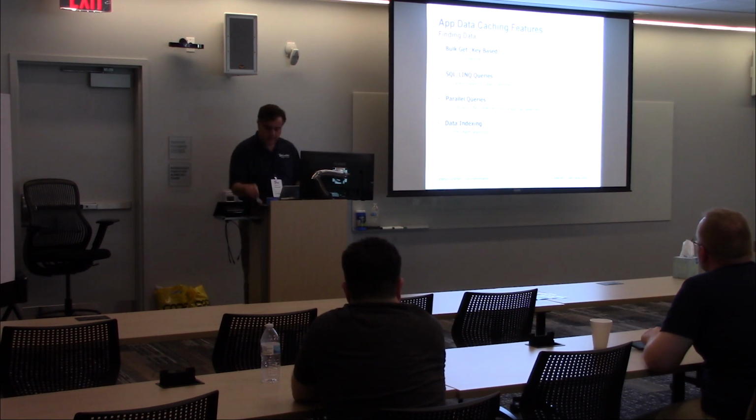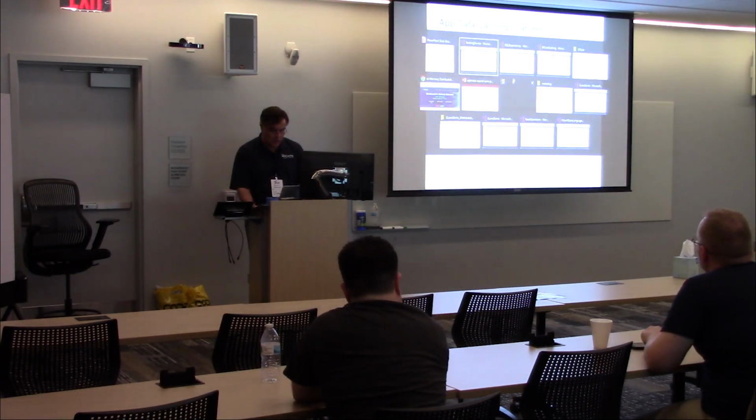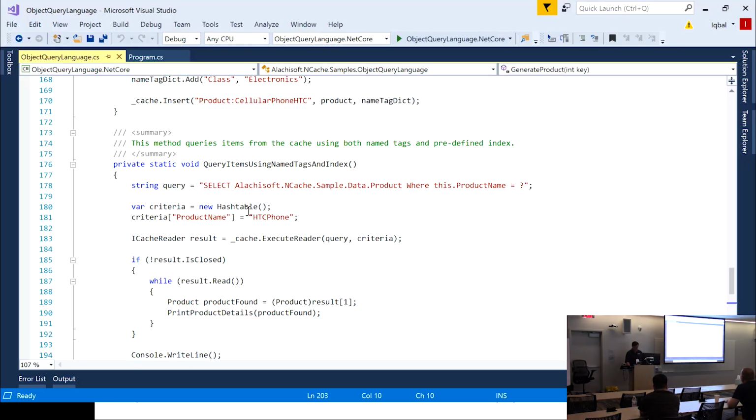Let me show you that. So again, the cache starts to look more and more like a database. So for example, you can say here, select all the products with this name. So now you're doing a search based on an attribute of the product object. Now this is all NCache code.